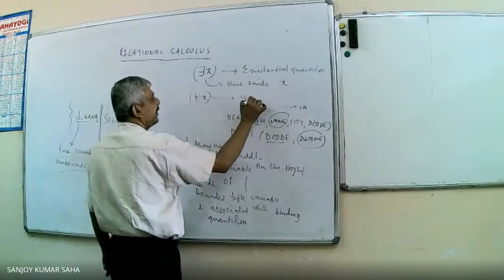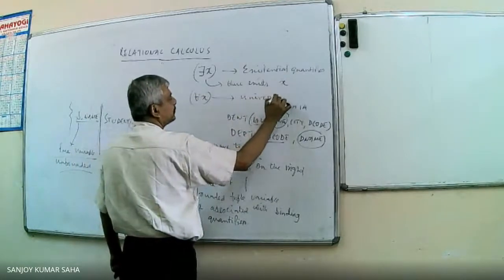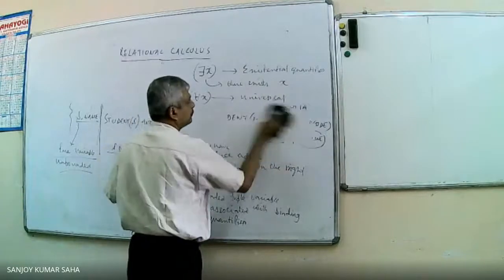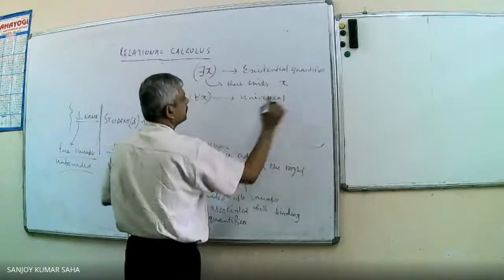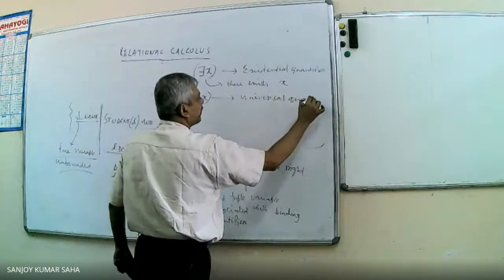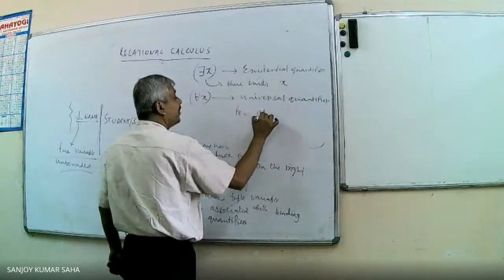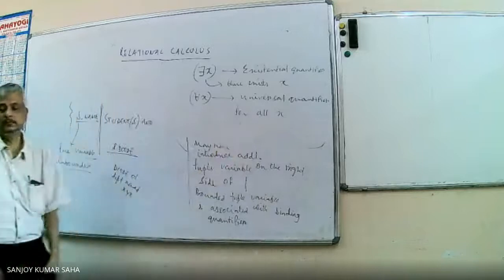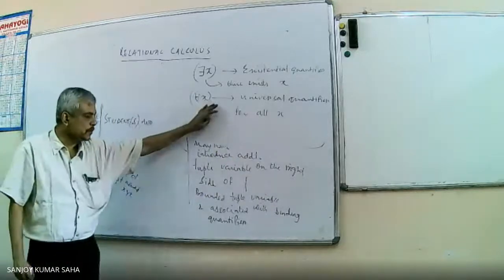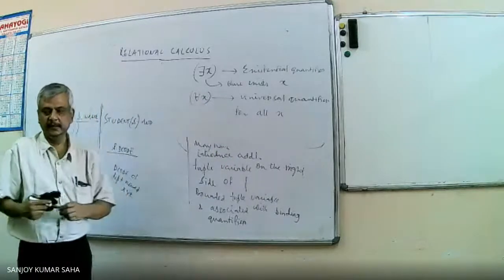This is the universal quantifier, that is, for all x. It is much more difficult. We will come to this later.